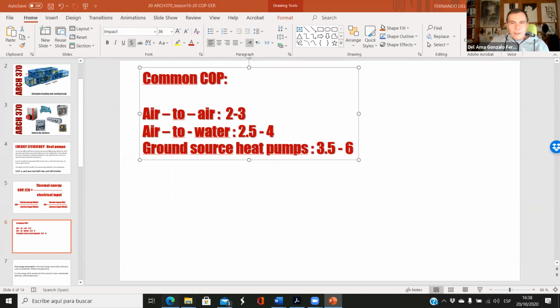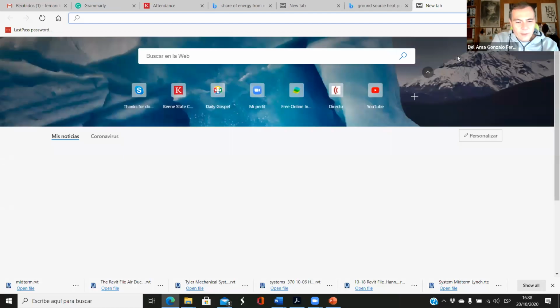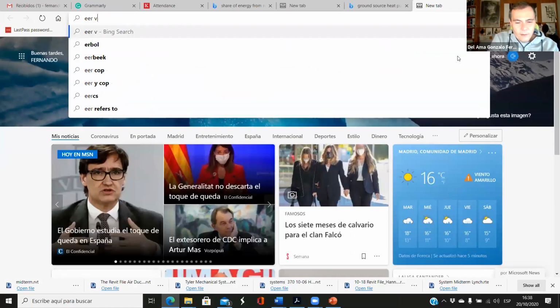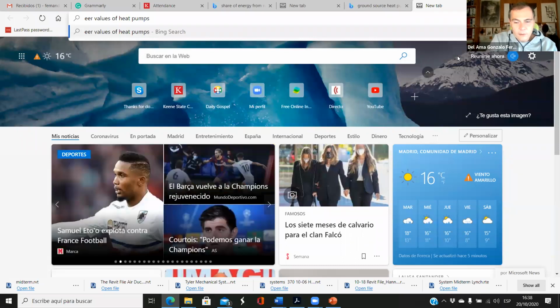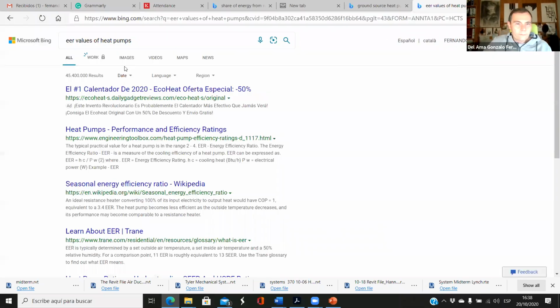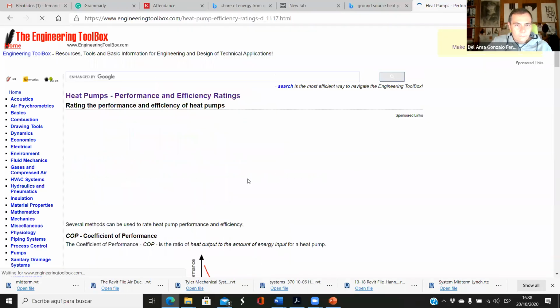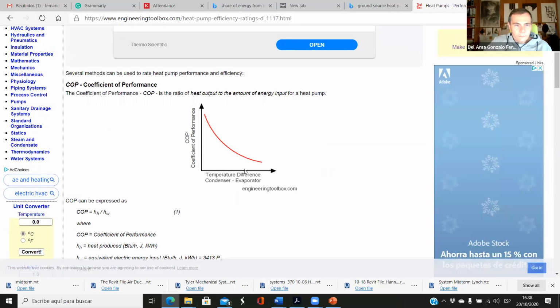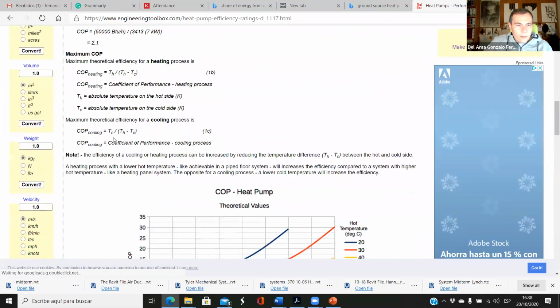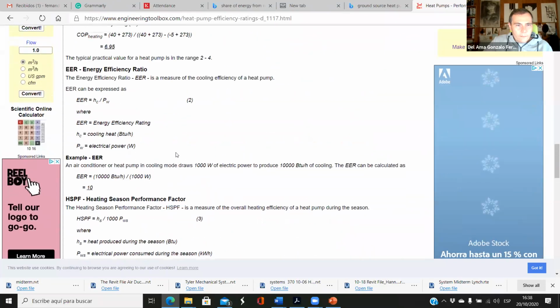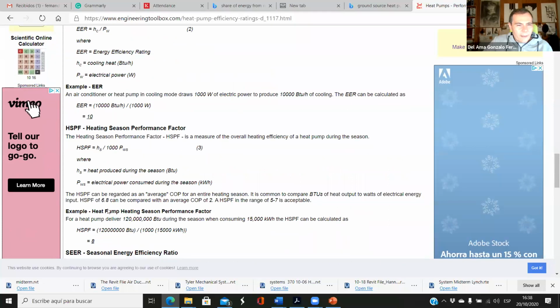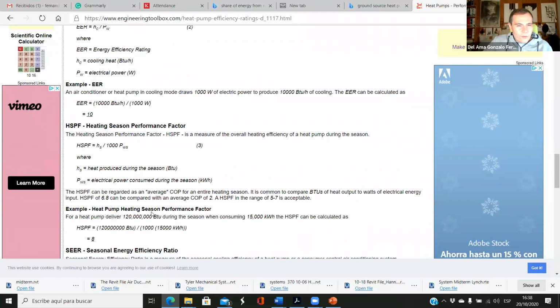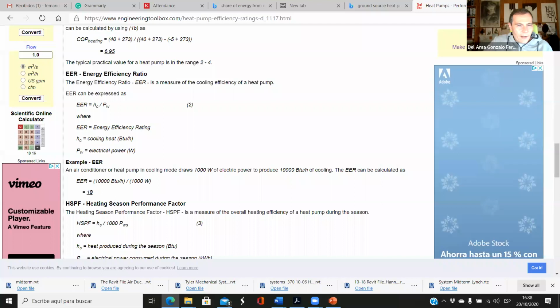What are EER values? I have to find out because I'm not familiar with the values of heat pumps. Okay, this is COP, and this is the EER. Yeah, I think those values are higher.